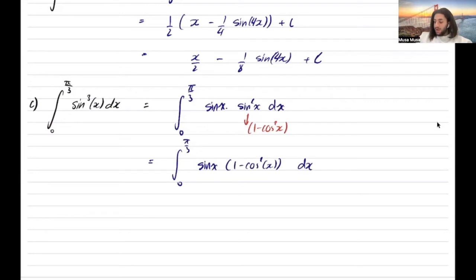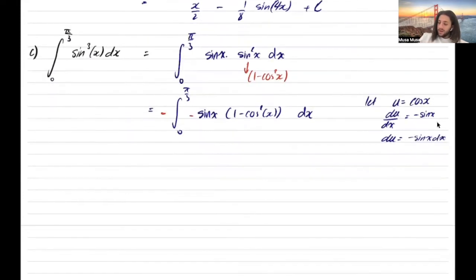Okay, let u equal the inside. That is the cos x. Because you have the derivative of the cosine, it's just minus sine, so that sine cancels off. Letting u equal cos x means du on dx equals minus sine x, which means du equals minus sine x dx, so I just need to put a minus there and a minus there.